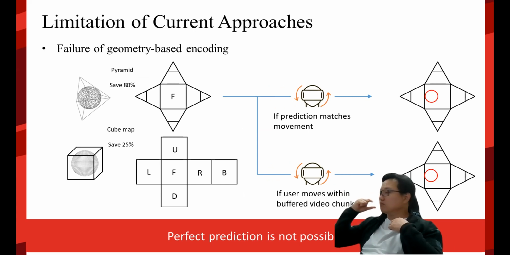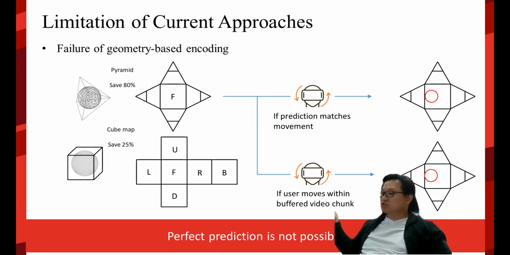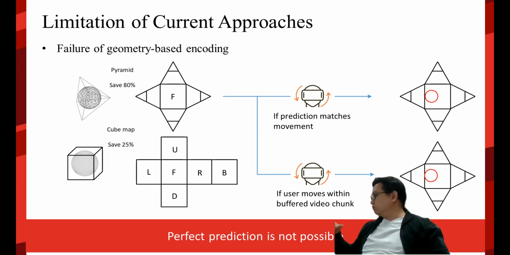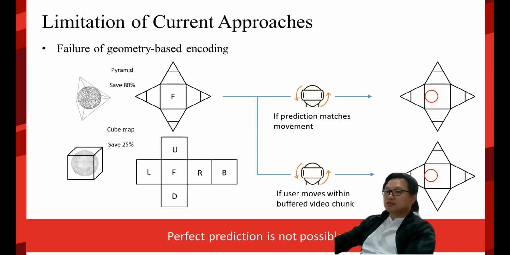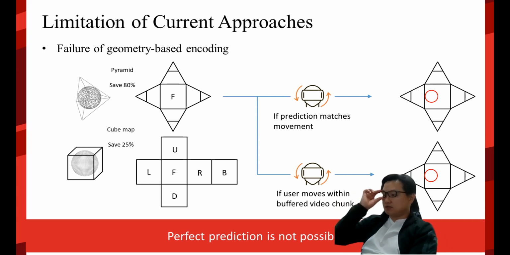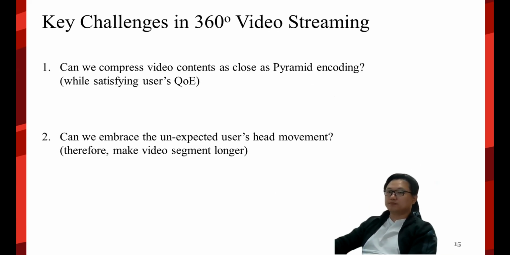Even when I move around, I see gradually degraded quality, which means a small movement I can embrace, but a radical movement I cannot. By making it a pyramid, I can save up to 80%, which means a fifth of the data is needed to stream this quality. Once again, perfect prediction is not possible. Therefore, even when I move, I see the poor quality.